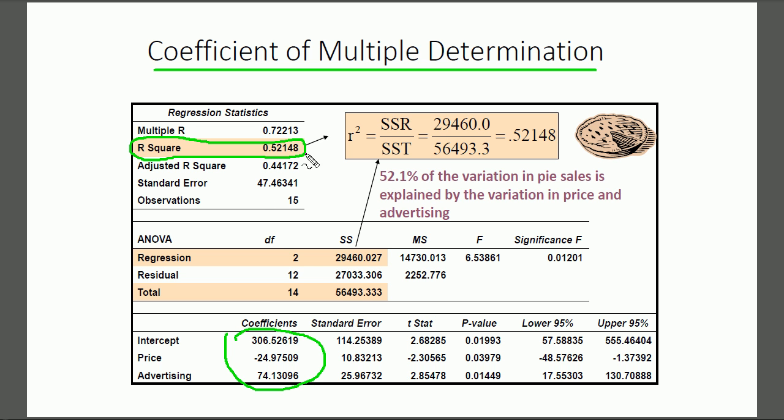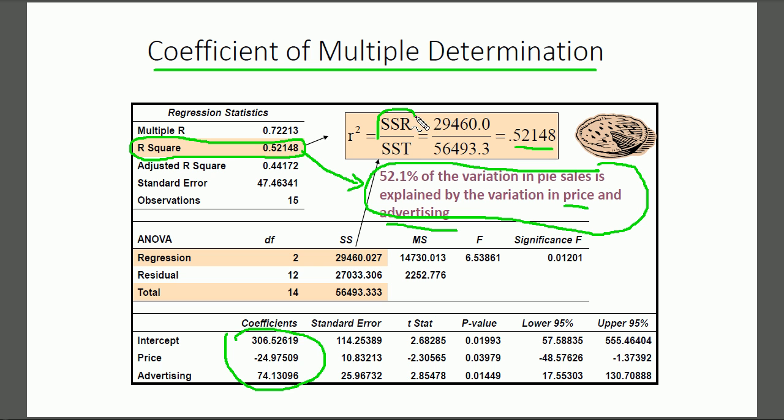Here's the second piece of output we're going to focus on, R-square, which was 52.15 if we round to 4 decimal places. So we can interpret this as 52.15% of the variation in pie sales is explained by the variation in all the x's. What were they? Price and advertising.